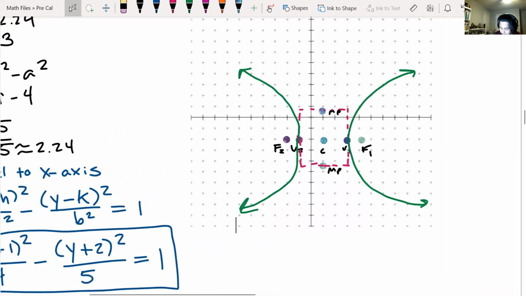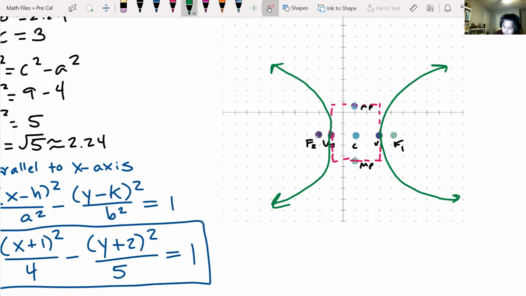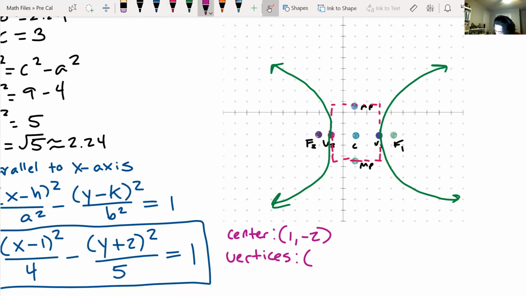So first, they give us the center. Oh wait, should I have -1 there instead of +1? Yep. We have the center at -1, -2. We have the vertices: one at -3, -2 and one at 1, -2.